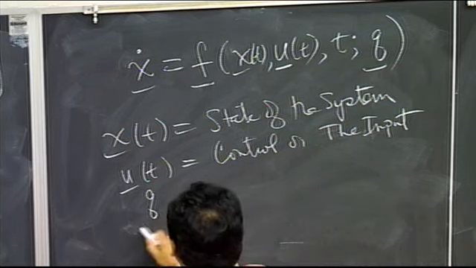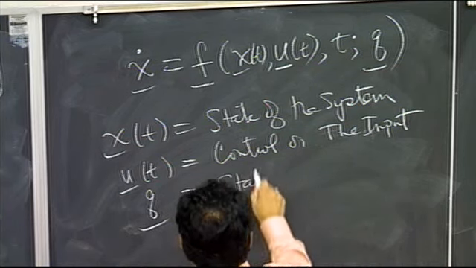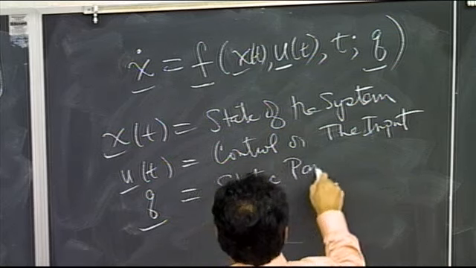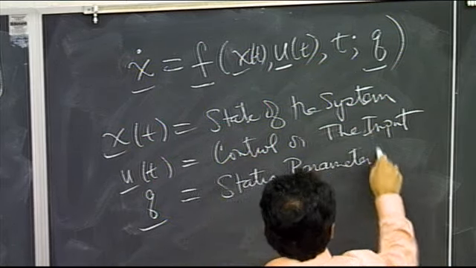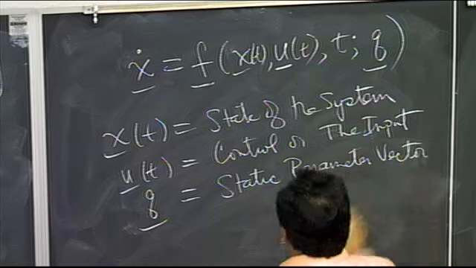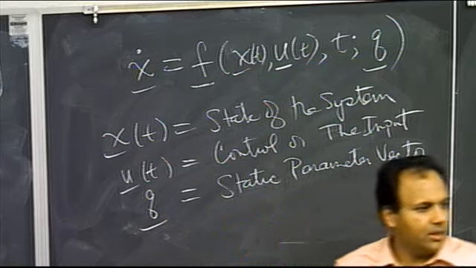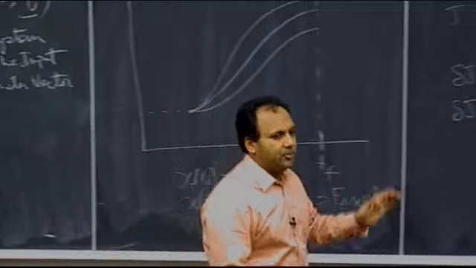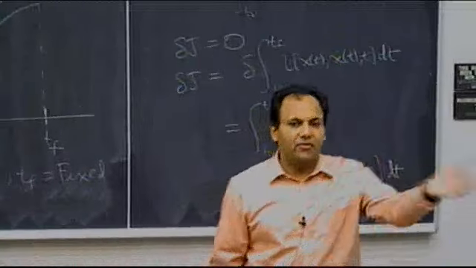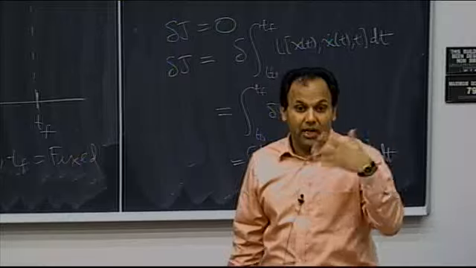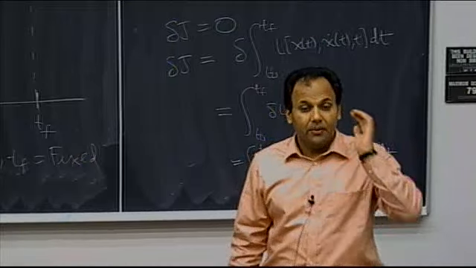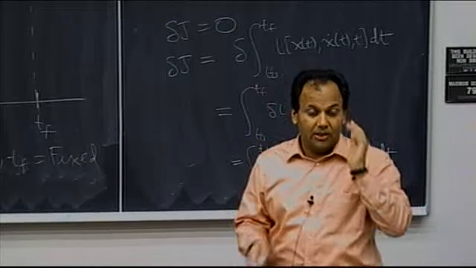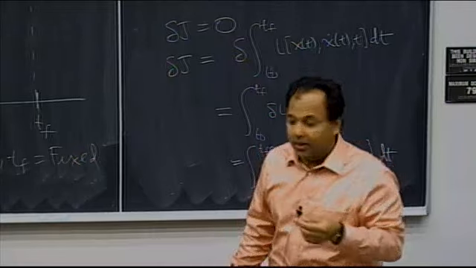Q is a static parameter vector. What I mean by that is that q is not a function of time. Q is just a bunch of static parameters. They can take on just numerical values, but it's not a function of time. But nevertheless, it could change. It's a free variable that can be changed, but it's an isolated numerical value that can change.